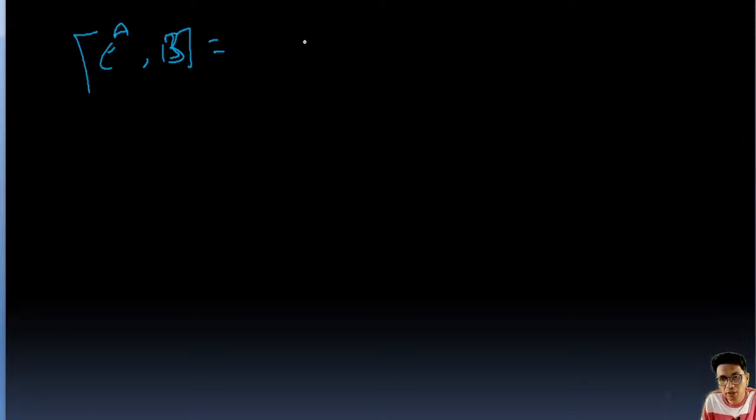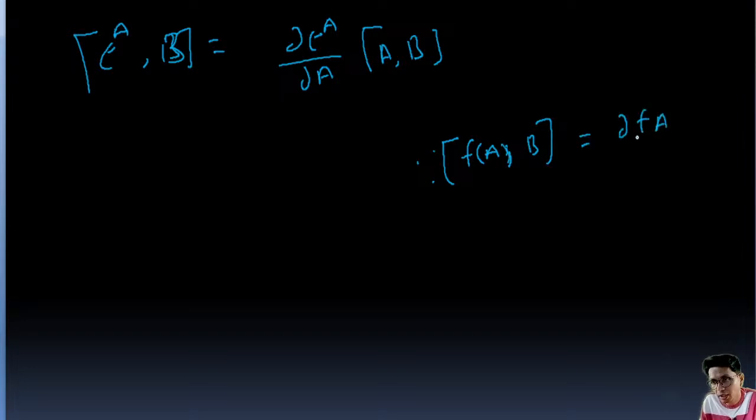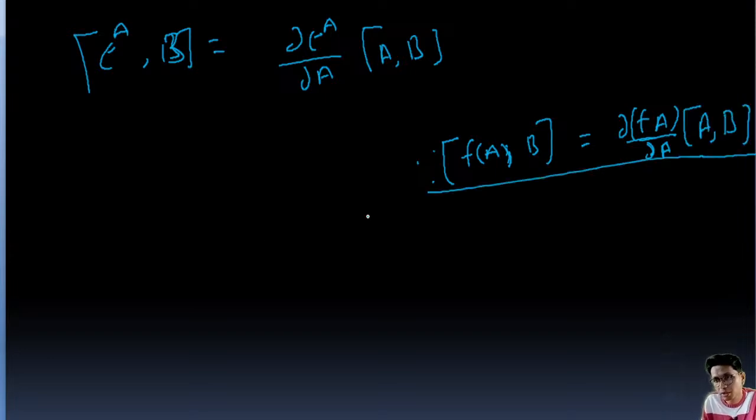We know the property that the commutator of a function of A with B is the derivative of the function of A with respect to A, times [A, B].